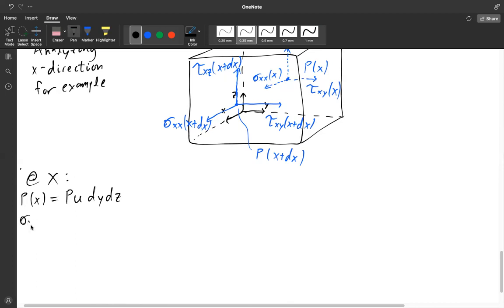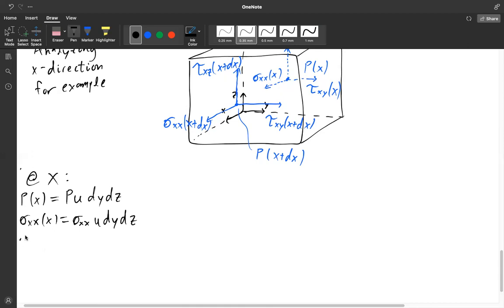For sigma xx evaluated at x, we have sigma xx times U dy dz.